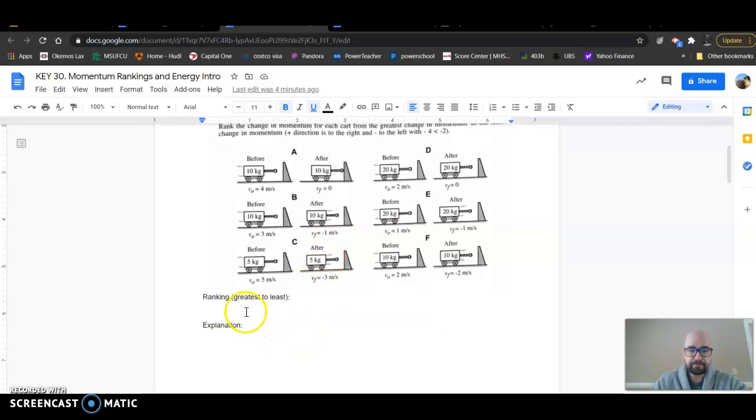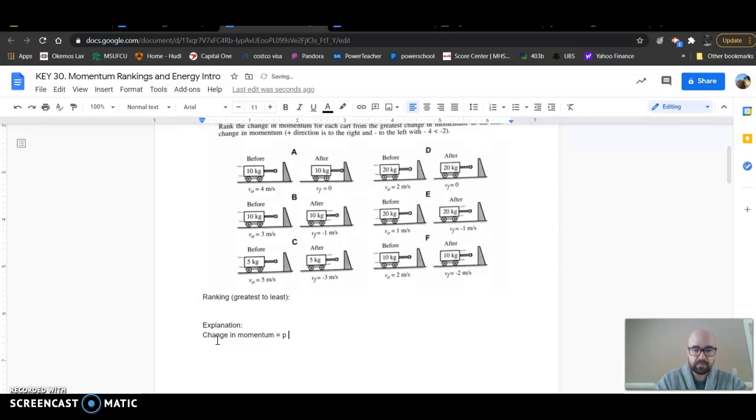So one thing to notice is that change in momentum equals the momentum, we'll say, before minus, whoa, oops, that didn't work.